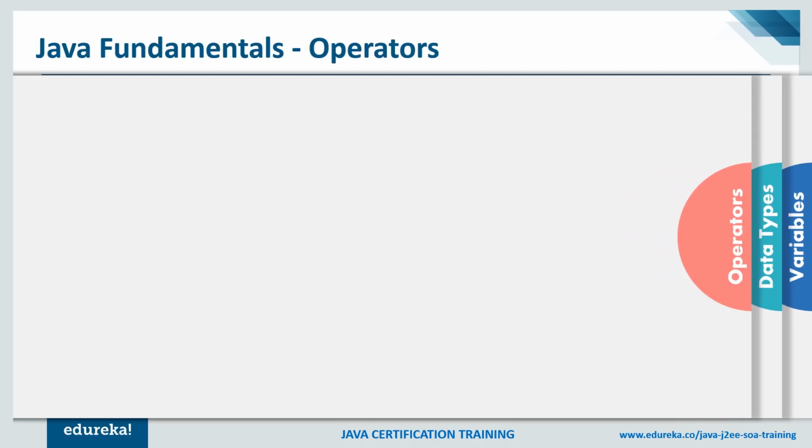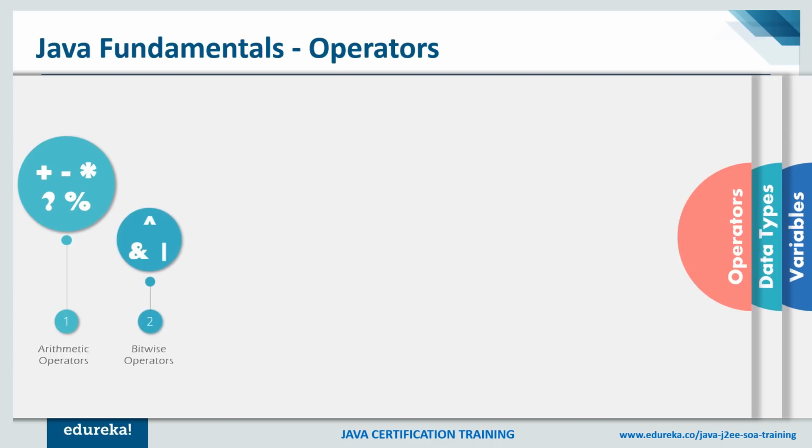Once you have the data available in the variables, for example, number 1 as 10 and number 2 as 20, you need to find which is the greatest number. So once you store the data in the variables using data types, you need to perform operations on the data. To perform operations on data, we have various different operators. To begin with, we have arithmetic operators, which are all the mathematical operators.